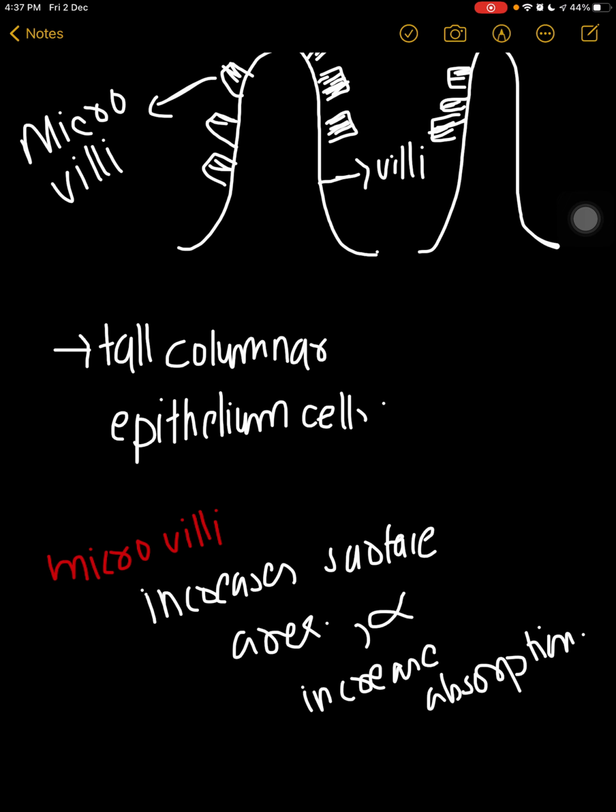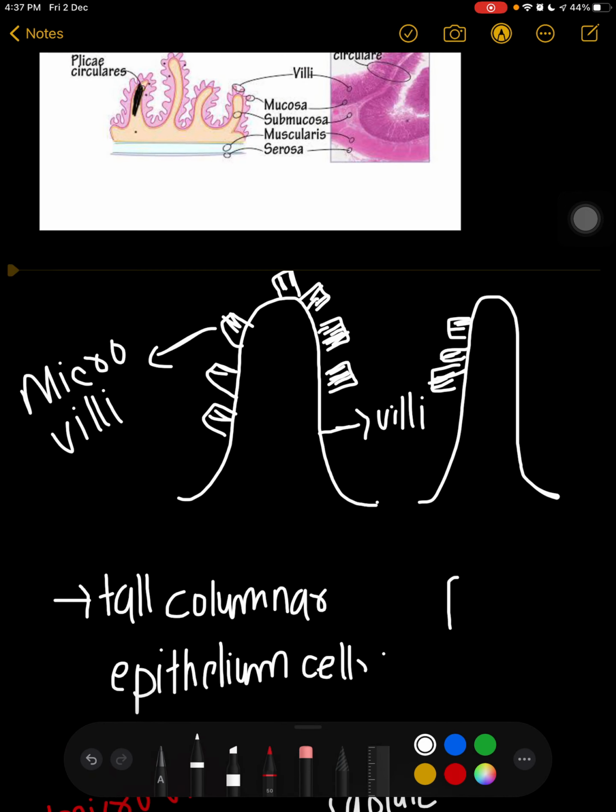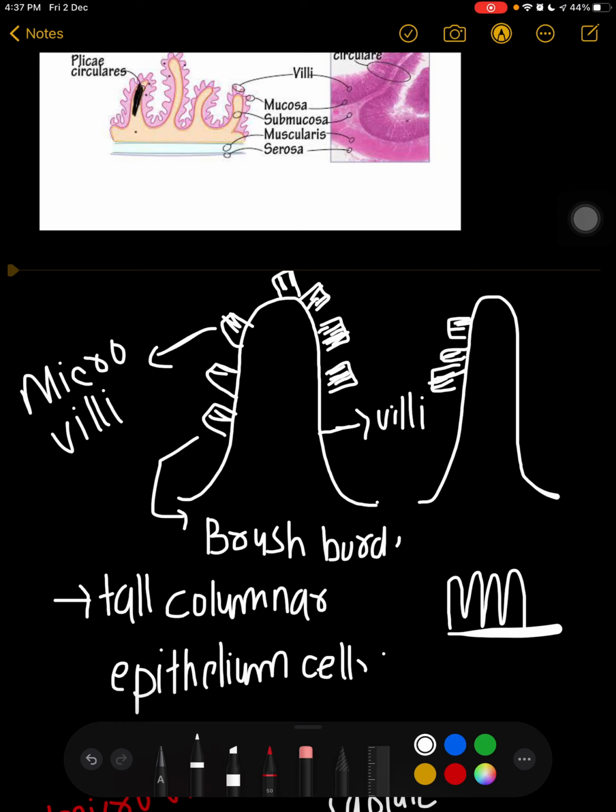These are the finger-like projections which are known as microvilli. Actually these are like this, something like this, right? What do you think when you see this? It forms an image like a brush border, as if forming a brush. So these cells are known as brush border epithelium.